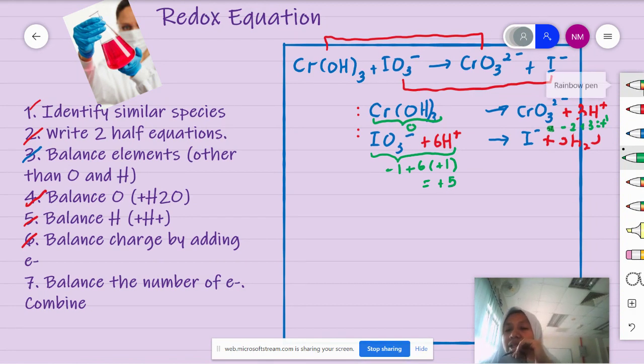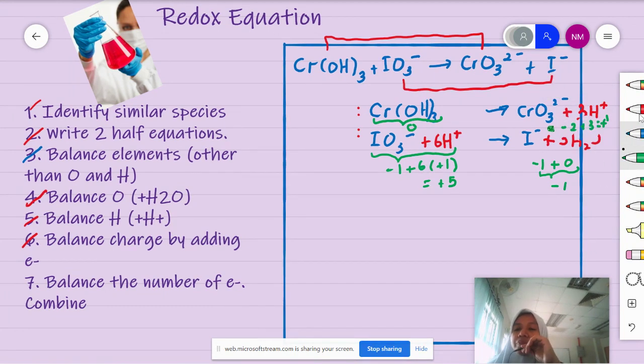On the other side, we have -1 plus 0. Therefore, the total is -1. Let me just rewrite this one. It is just 3H2O.